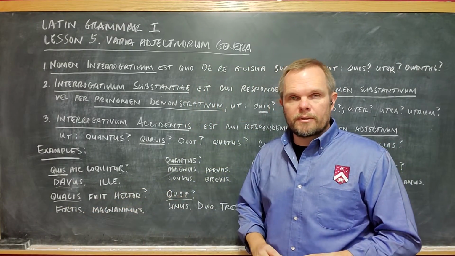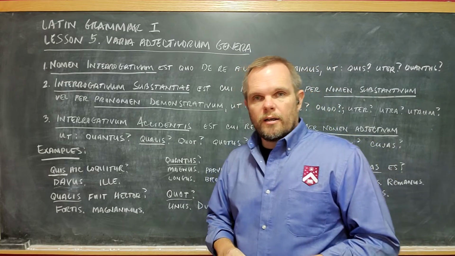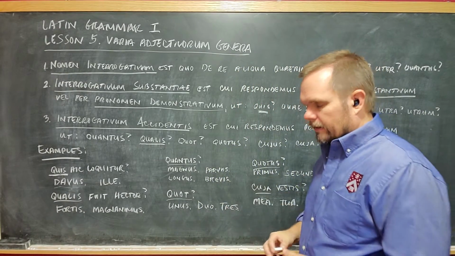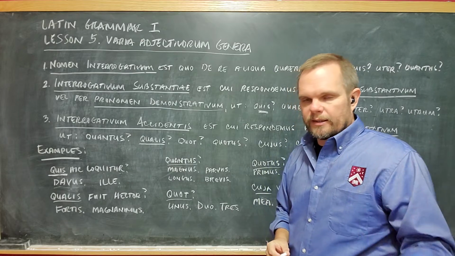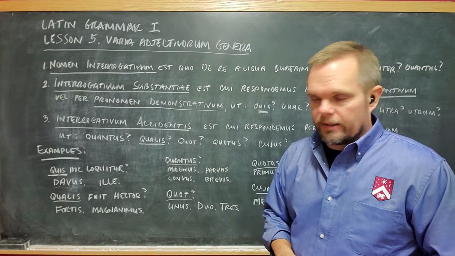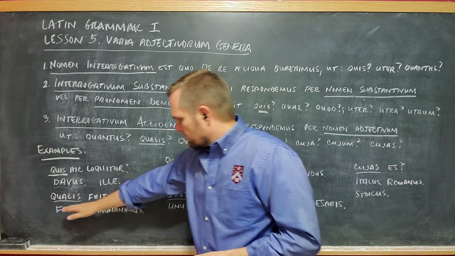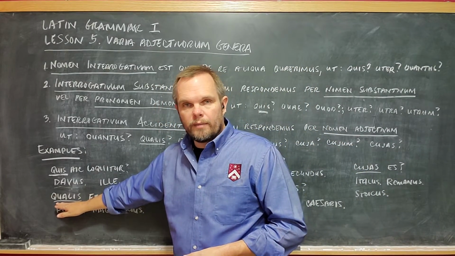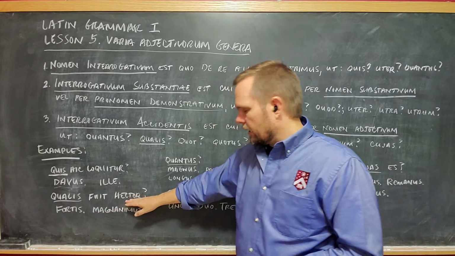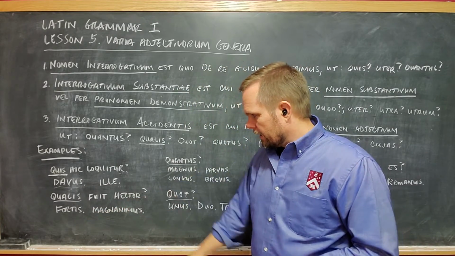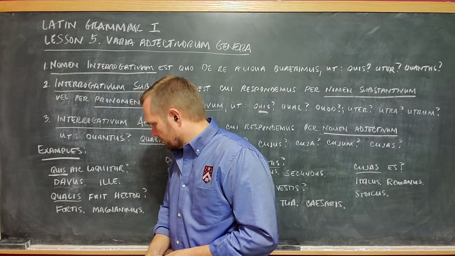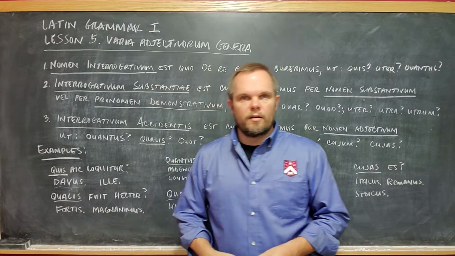Hector was the famous Trojan who fought against Aeneas and the Greeks, against Achilles and the Greeks in the Iliad. Hector was a famous Trojan warrior. So we ask, what kind of man was Hector? And the answer that's given, the first answer is fortis.